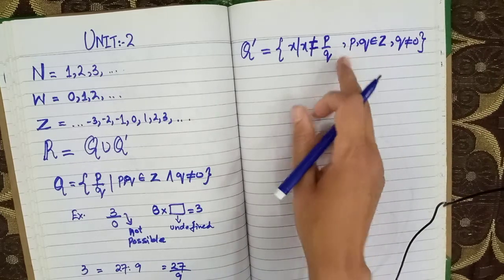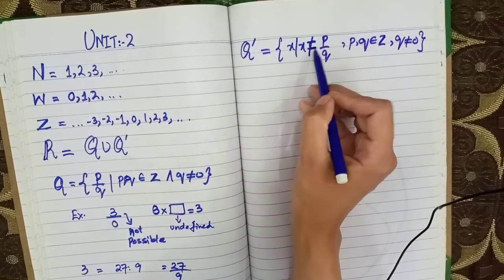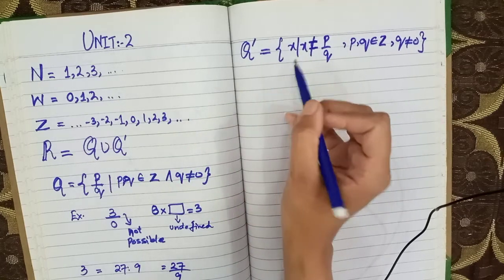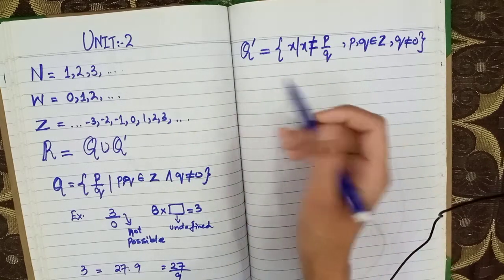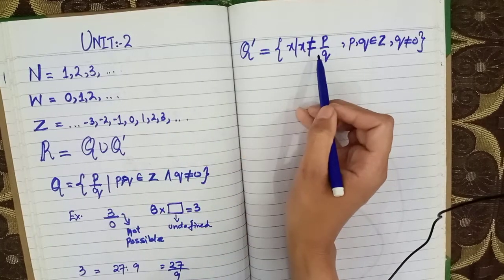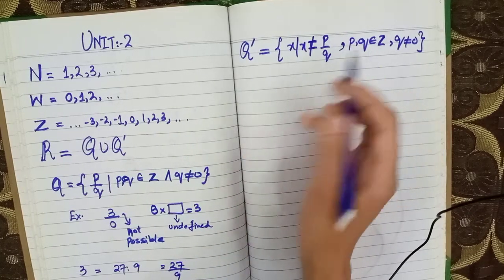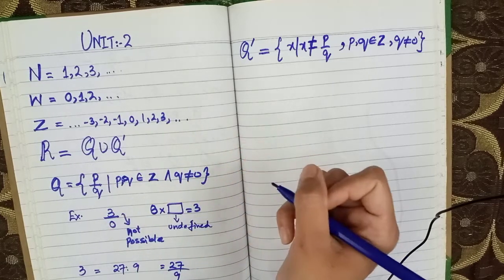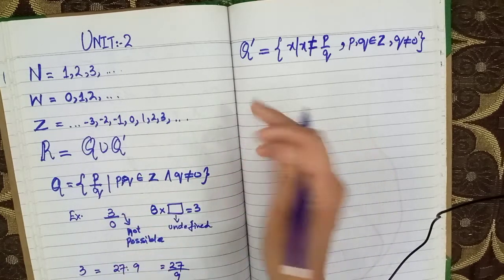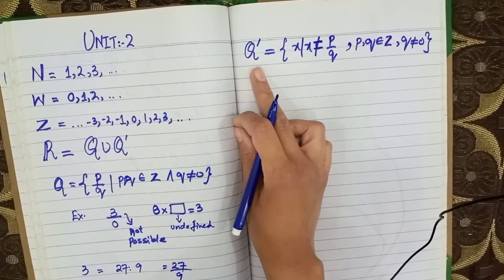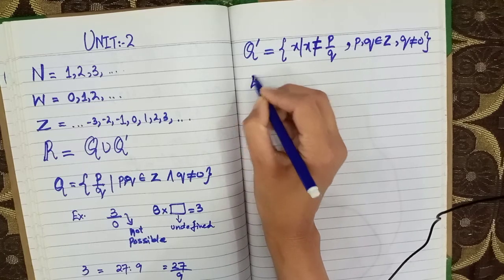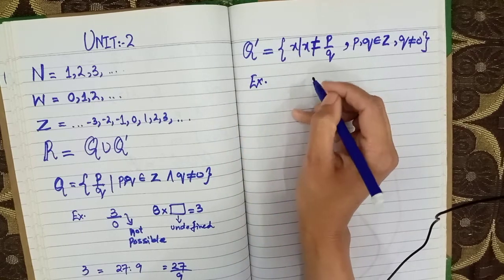The definition would be the same, but there is an equality and not-equality difference. And this sign, the not-equality sign, makes it totally different. Rational numbers are completely different from the set of irrational numbers. I will explain it later, but now I'm going towards the examples of irrational numbers.